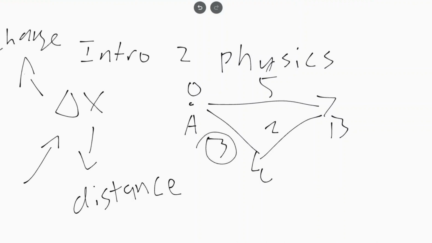Distance, however, would say in the same situation, you would travel a total of 7 meters, because you first traveled 5, and then you traveled again 2. However, because displacement is the total change in distance from point A to point C, displacement says that you would only travel a total of 3 meters.